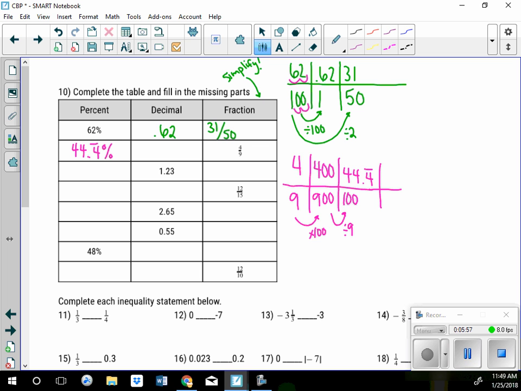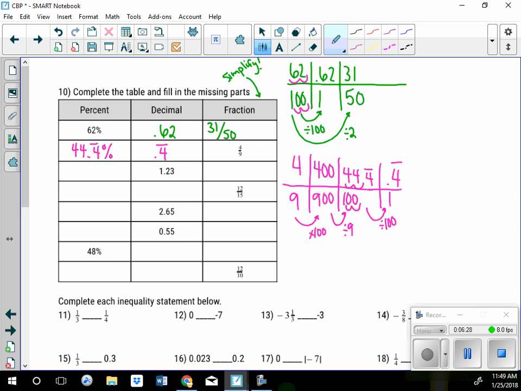We're going to divide by 100. If we divide by 10 and by 100, we could write 0.444 and keep going with that, or I'm just going to write it as 0.4 repeating. That's going to be my decimal.